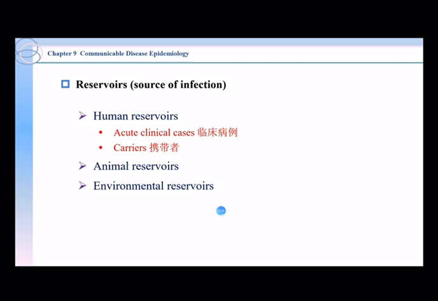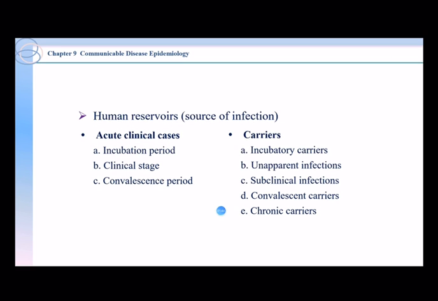So for the reservoirs, it can be human, animal, and environmental. For the human, we also have two types of reservoirs, including the carriers or the acute clinical cases. Those acute clinical cases can be in the incubation period with no symptoms, or in the clinical stage when they have already shown clinical symptoms, or during the recovery period.